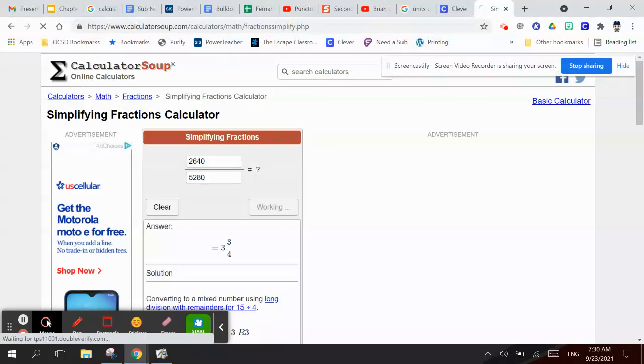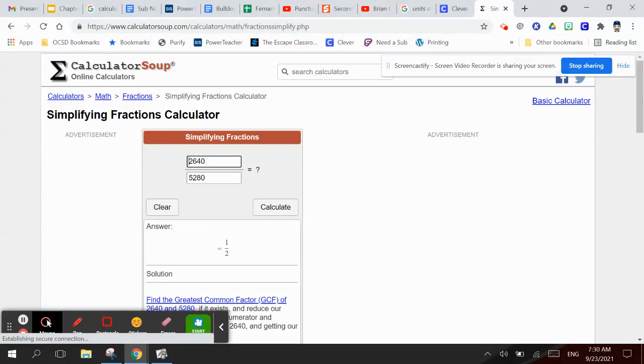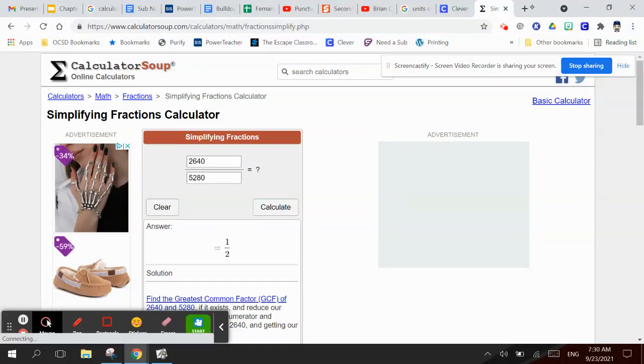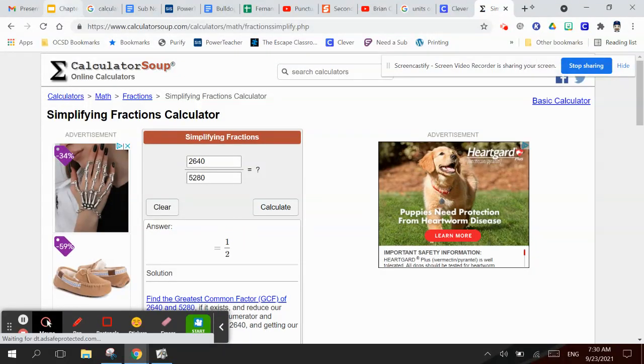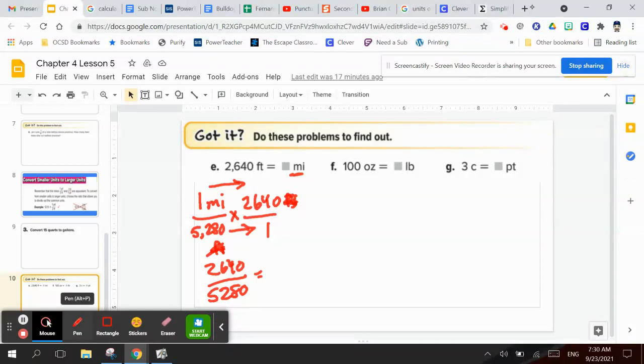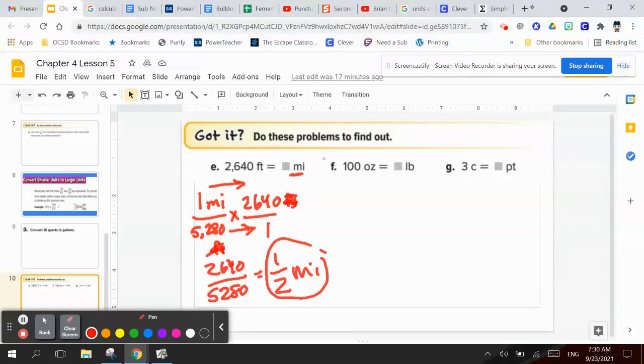Now I'm going to go calculate, and it tells me it's the fraction of 1/2. So 2,640 feet equals 1/2 mile.